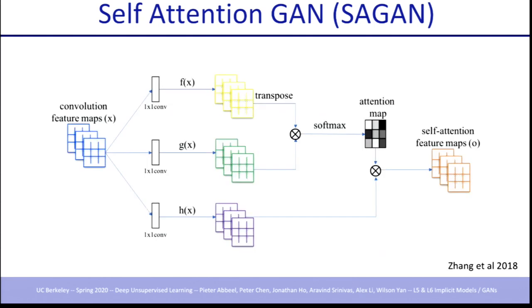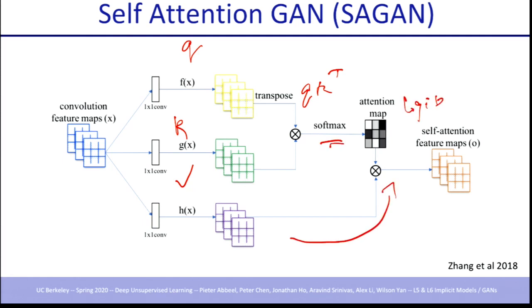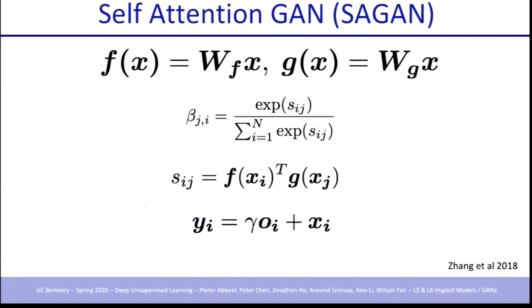You take a convolutional feature map, and these are your query, key, and value. You do Q times K transpose, softmax, and this is your logits. Then another matrix multiplication, output projection, and self-attention. That's it. They have a scalar instead of an actual output projection, which is somewhat different from regular self-attention, but otherwise it's pretty much the same.